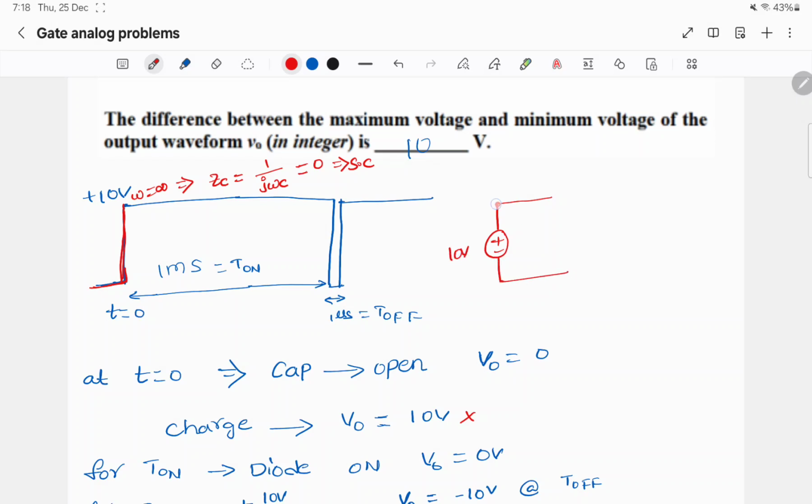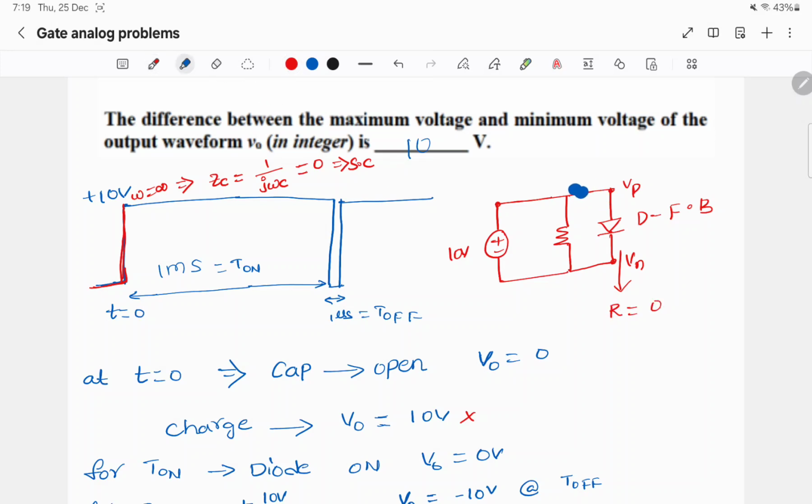This is 10 volts and we have an R, we have a diode here. I'll call this Vp and this one Vn. So since here the diode is forward biased, the resistance offered by the diode is 0.